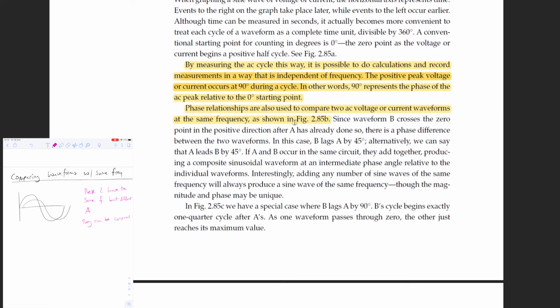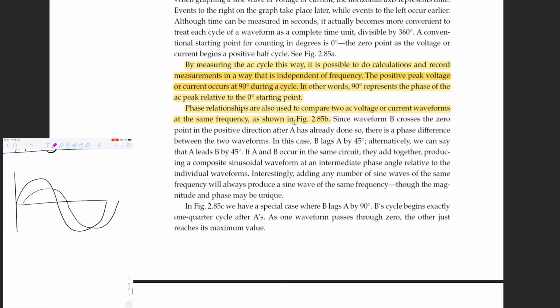They can be compared using, was it, phase relationship. Phase relationships in degrees.